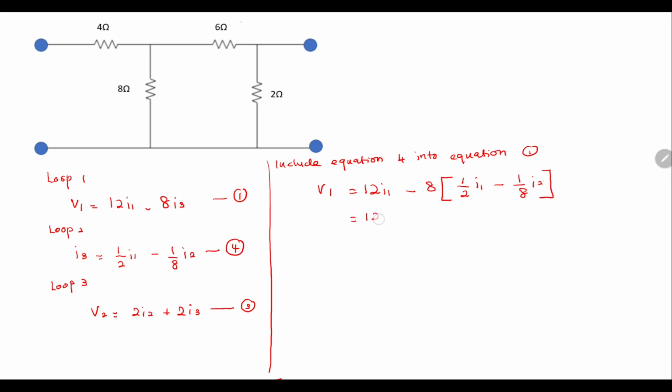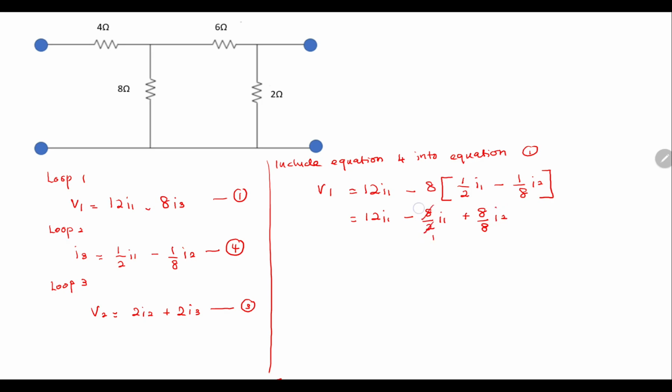So it's equal to 12I1 minus 8 over 2 I1 plus 8 over 8 I2.